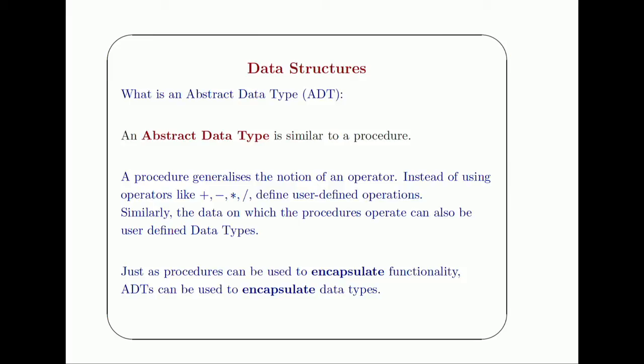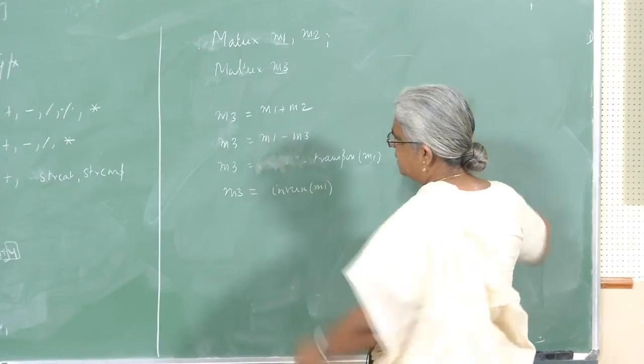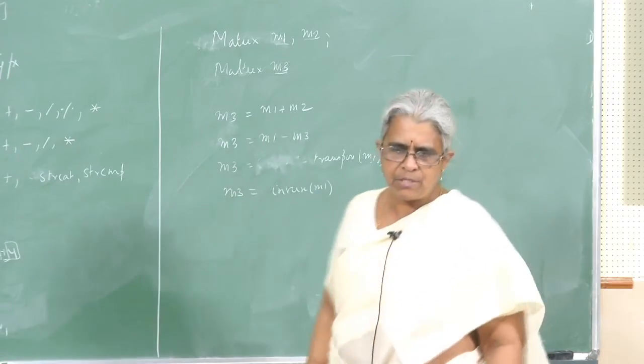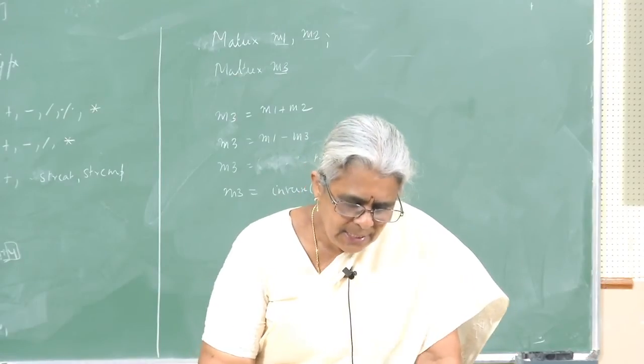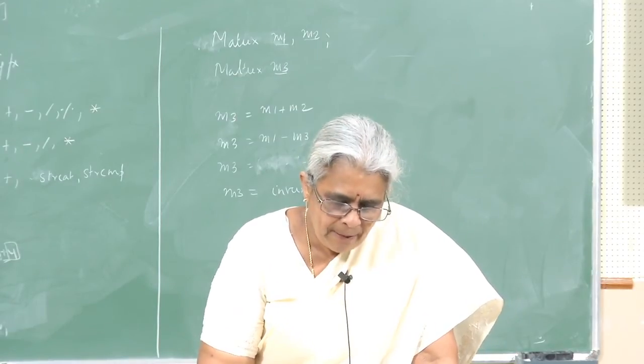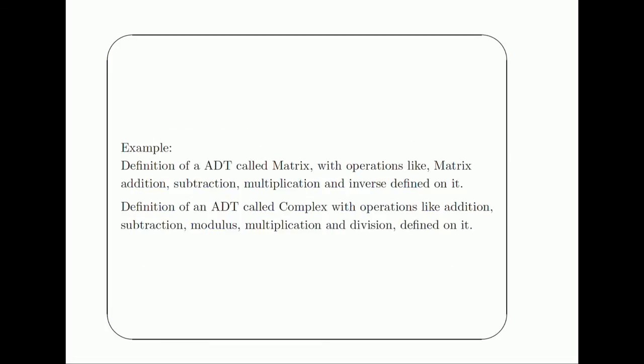It has to be in a particular representation, which is a 2-dimensional array perhaps, but the operations are actually here being performed on arrays, and that is internally defined by the user defined functions that we have. So, what we want to do is, just as you have procedures that can be used to encapsulate functionality, we can define what are called abstract data types that can be used to encapsulate data types.